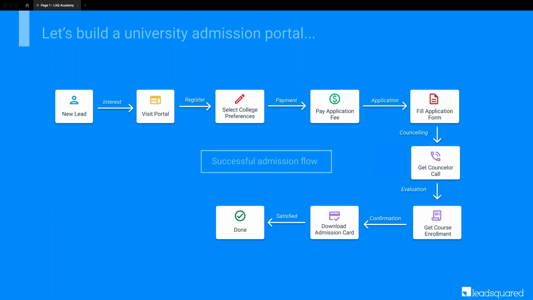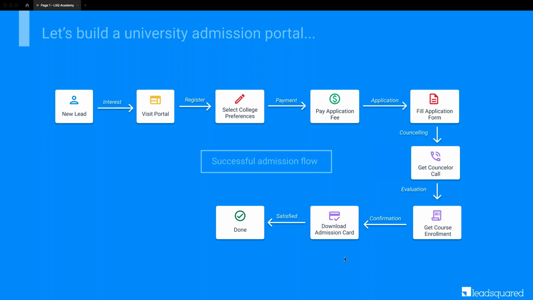After they have filled out their application form, through our LeadSquared automations and processes, they would get a call from a counselor. They would have a chat with our counselor and get some kind of counseling or recommendation around their courses. After the evaluation from the counselor's end, the lead would get recommended a course, and if interested, the lead will enroll for that course.